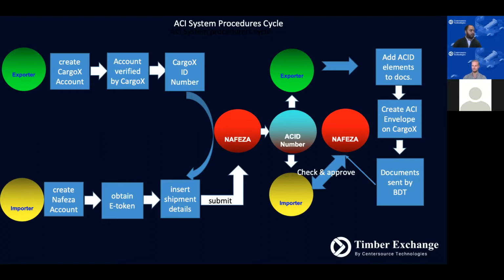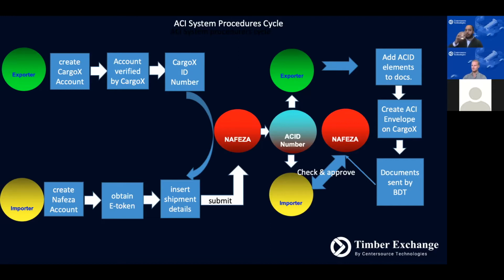Now he has a credential to enter NAFISA, and NAFISA is the platform or the hub connecting the trade parties with the authorities in Egypt, including Egyptian customs and the other authorities that inspect and check the cargo that arrives to Egypt.